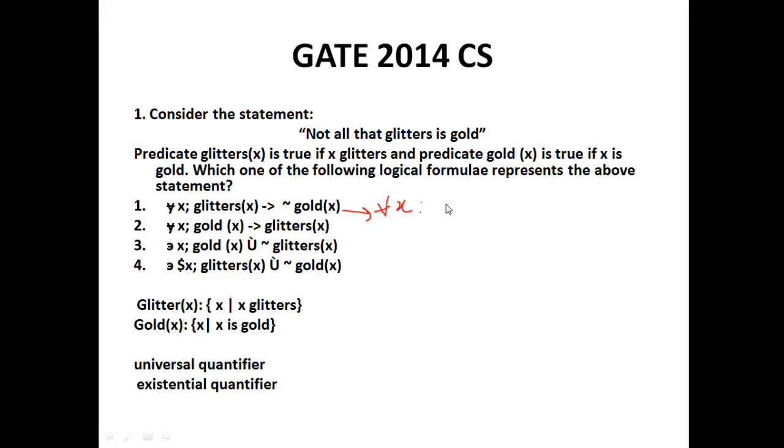So that means you take any value of x such that, now this arrow and there is this symbol. Actually this is not this symbol. This is not U. This is sort of a V. And this one is sort of an A. So what is this? This is or. This is and.